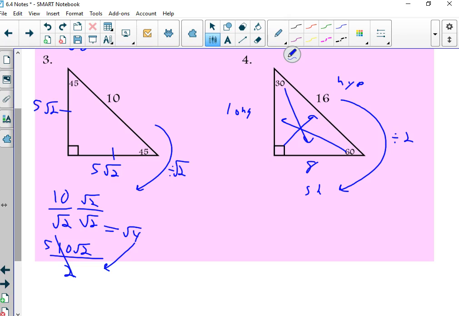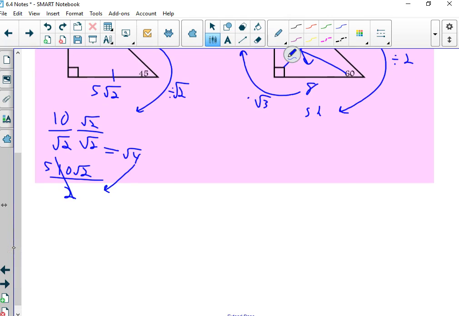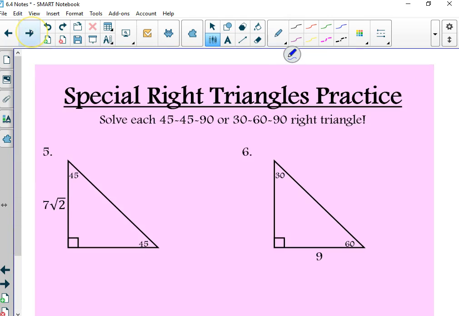So that gives us 8. And then when we're going from the short to the long, this is our radical 3. And since we're going from short to long, we're going to multiply. So that gives us 8 radical 3 on the long side. Remember, hit pause if you need to at any time.